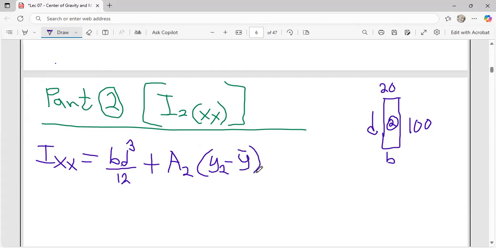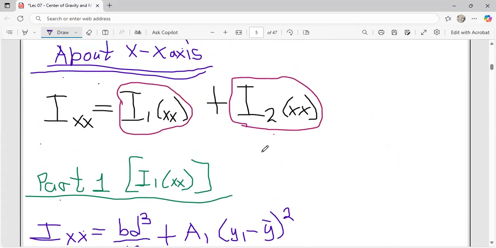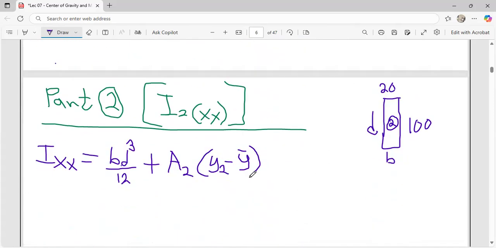The first one was Y1 minus Y bar. You see that this one is Y2 minus Y bar, all squared.